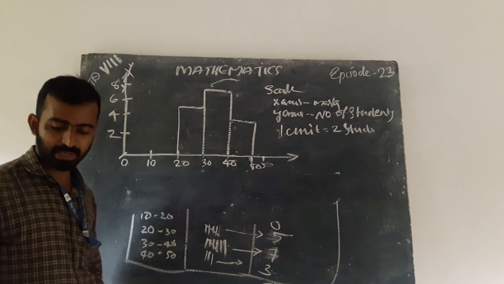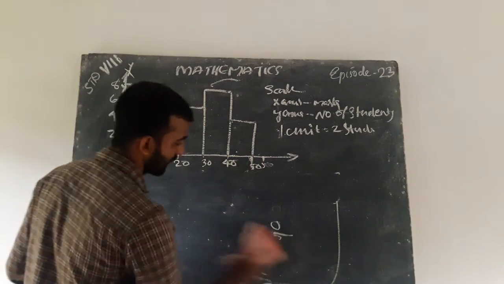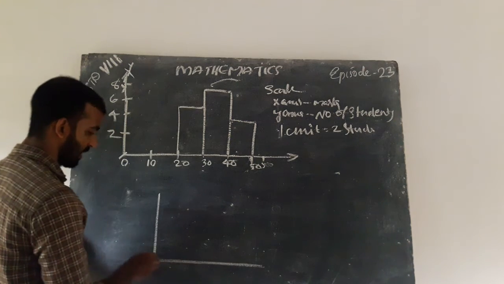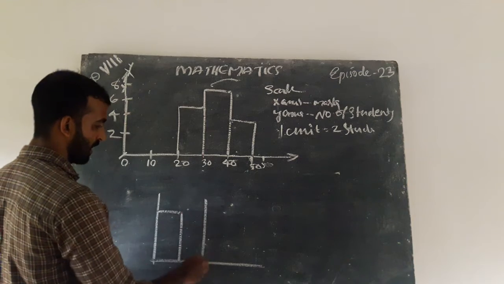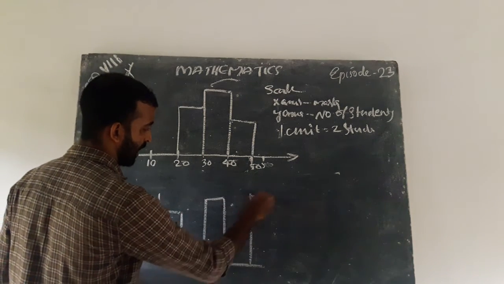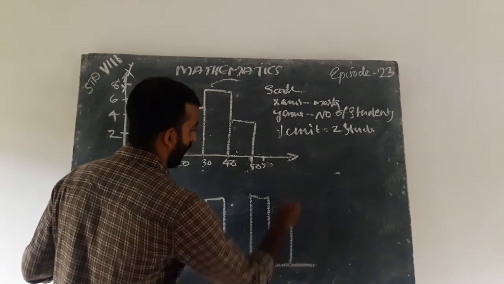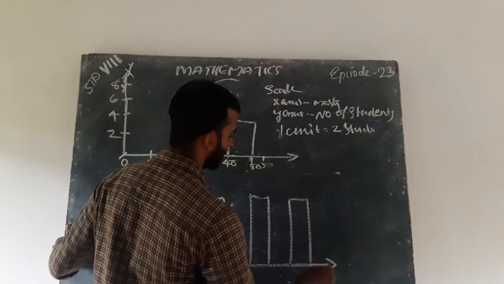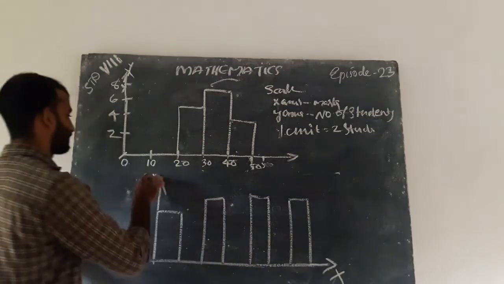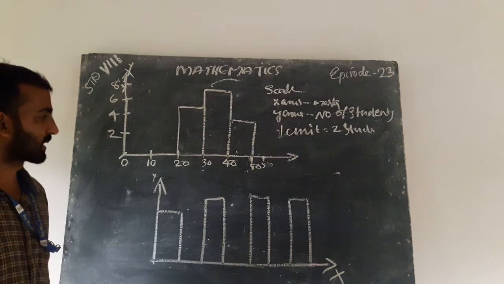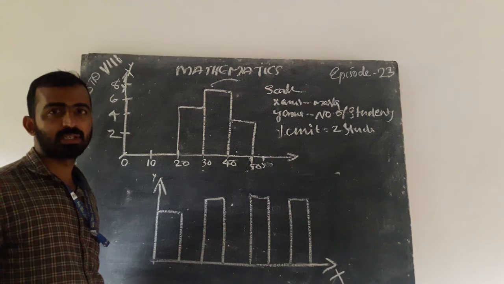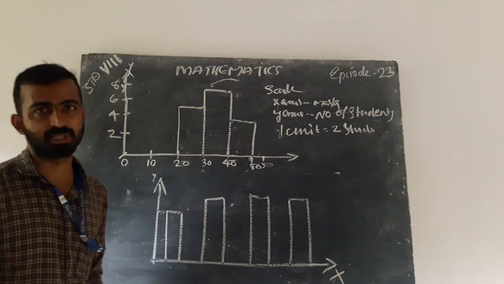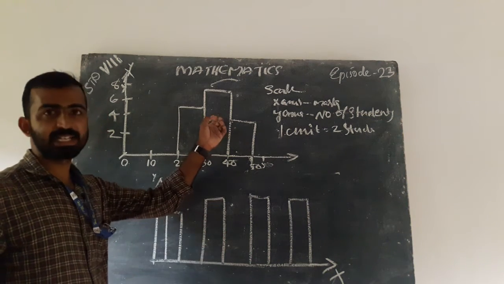Normally, in a single bar graph, there are gaps in between the bars, so this is a bar graph and this is a histogram.